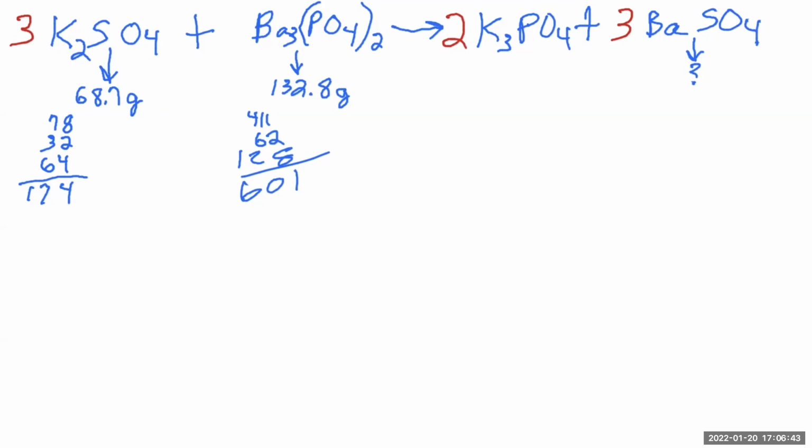Barium we said was 137. Sulfur we said was 32. And oxygen was 16, so 64 for the 4 of them.